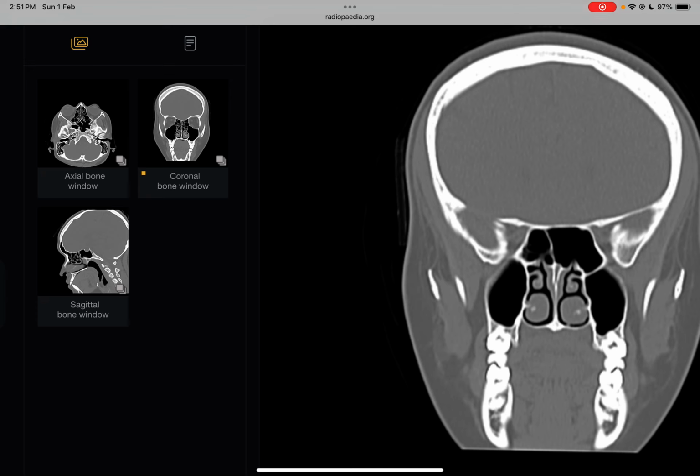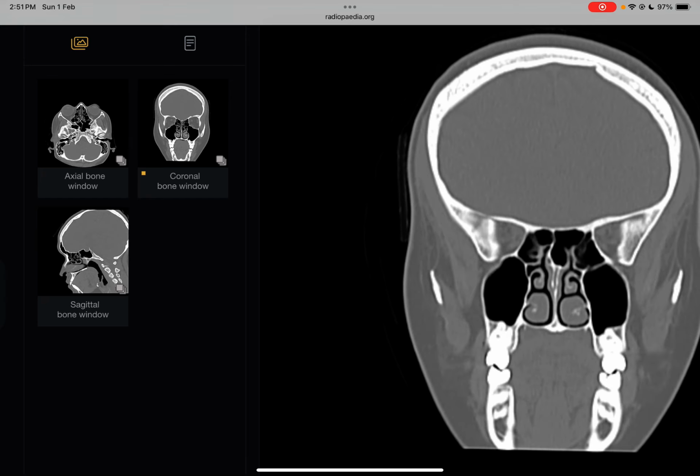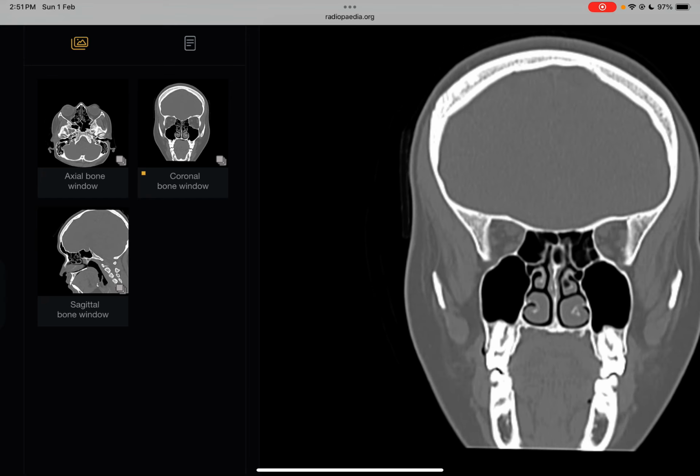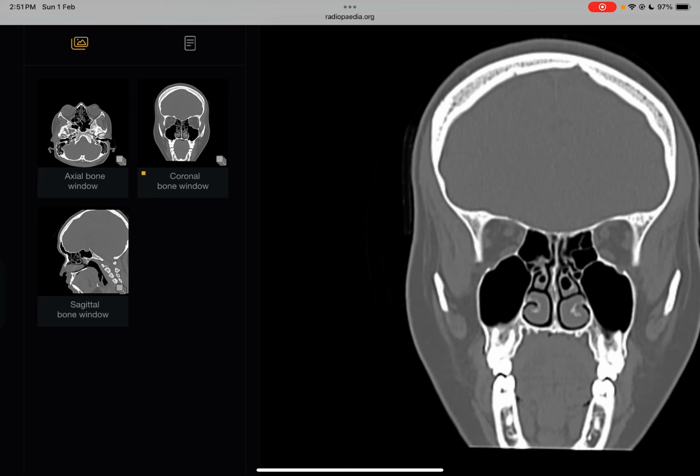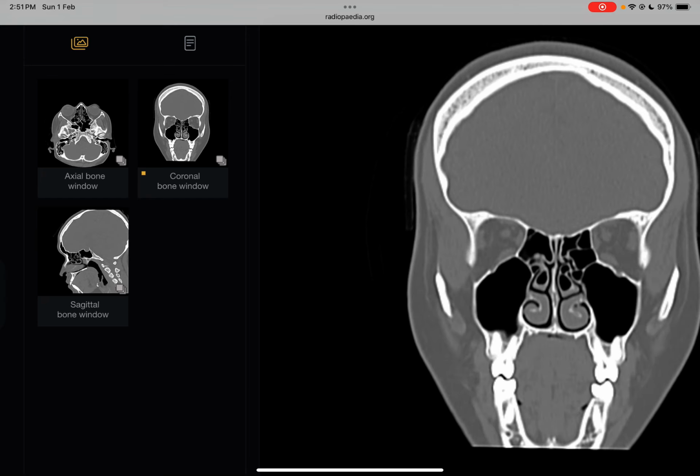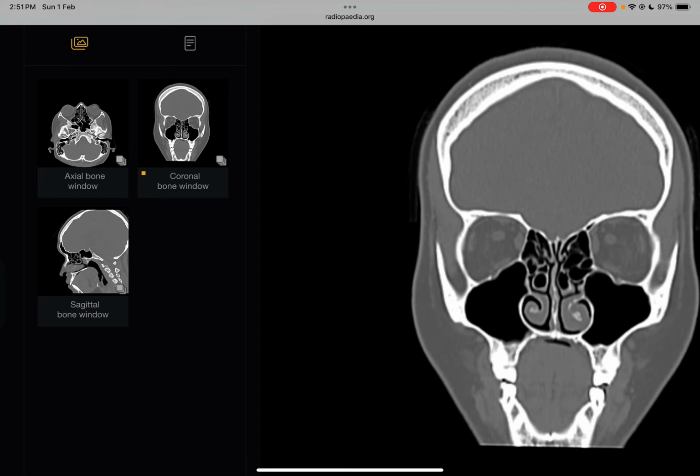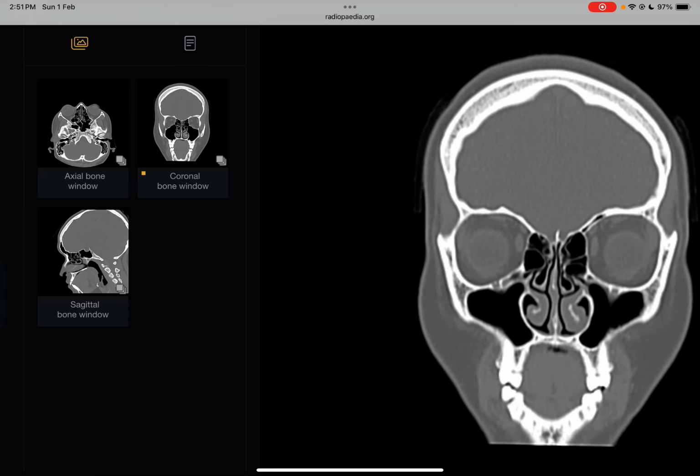This is a Kuhn cell, possibly Kuhn type 1, because it's not protruding very deep into the sinus, and it is just one cell, so Kuhn type 1 cell, right? We can see the inferior turbinate, we can see the middle turbinate over here, and both of the middle turbinates are pneumatized.